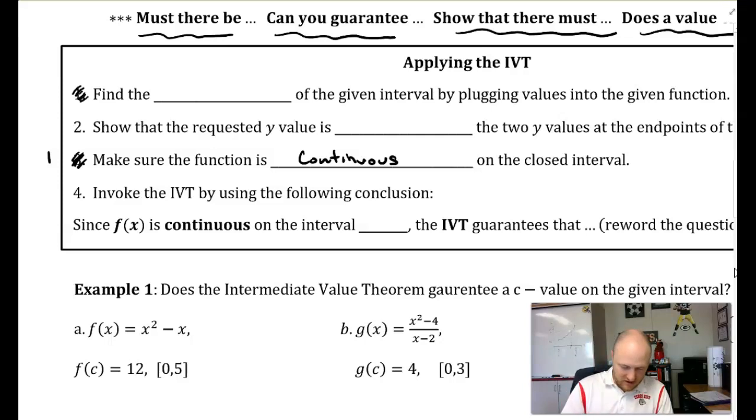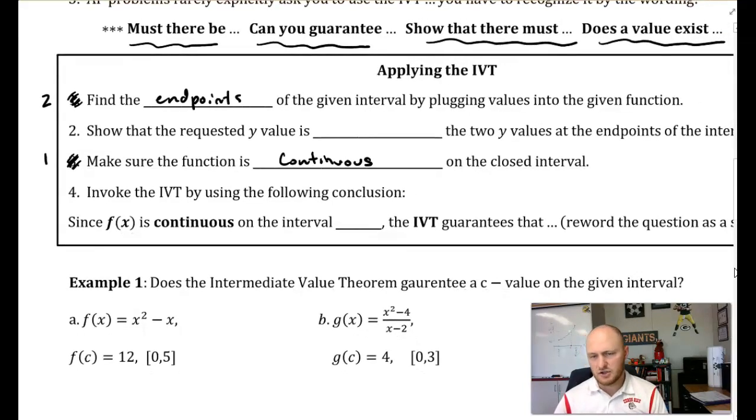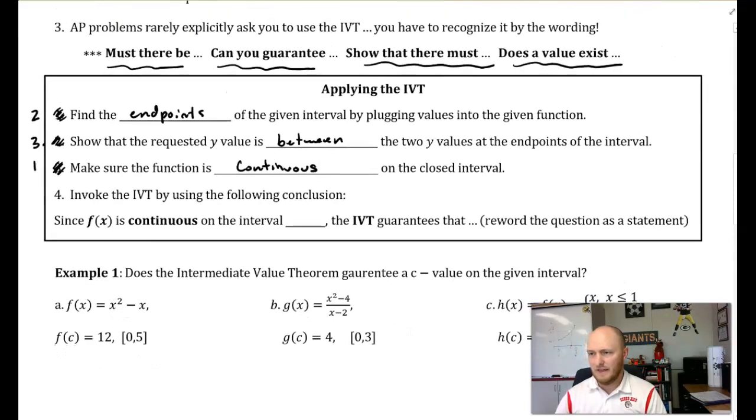Step number two, find the endpoints of the given interval by plugging values into the given function. And we'll see that in a second. Step number three, show that the requested y value is between the two y values at the endpoints of the interval.